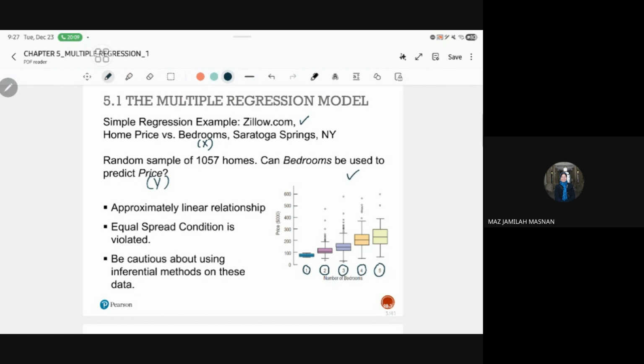Based on the price, you can see for one bedroom the box plot is very small, so the range of the price of one bedroom is very small compared to more bedrooms.